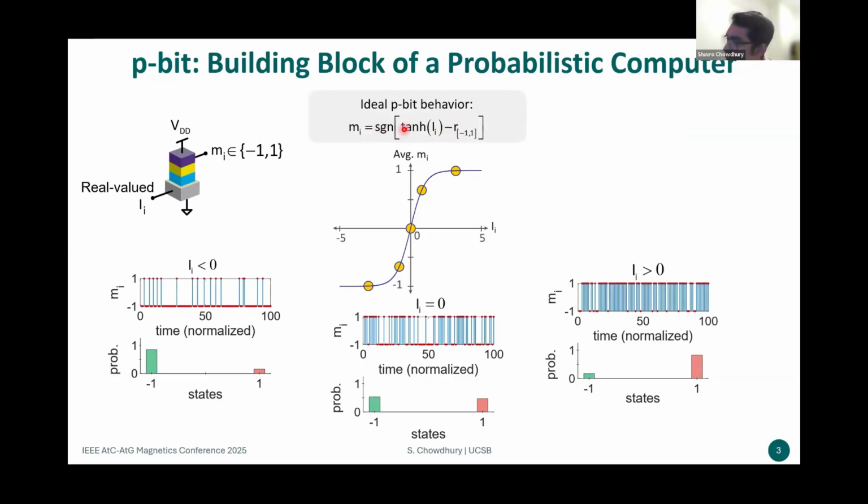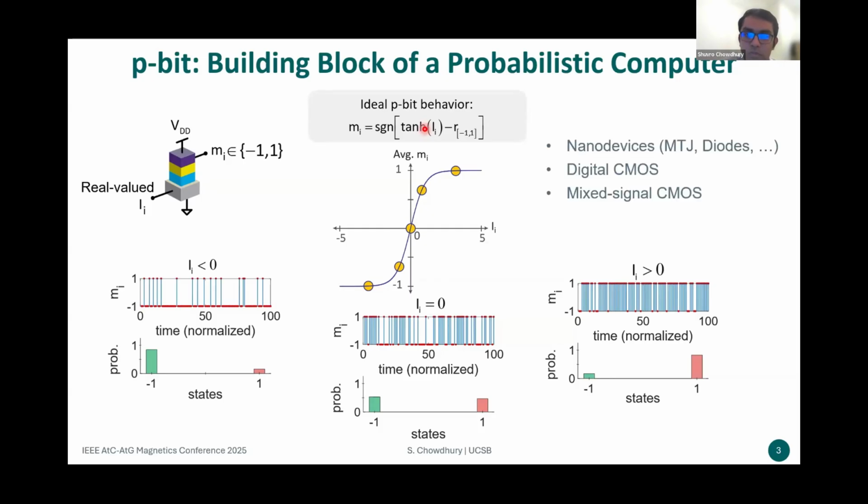This is a well-known equation in machine learning and other fields of science and technology. In the machine learning field, it is well known as the binary stochastic neuron. But what we are advocating is the hardware form for this, not the ideal mathematical thing. So how can you build this type of behavior in hardware?